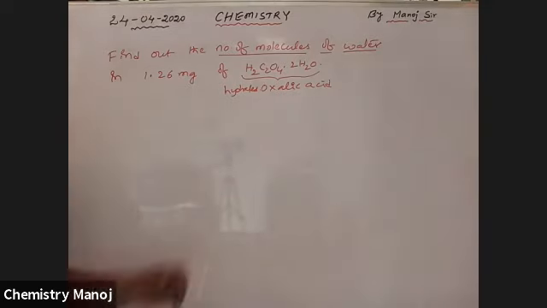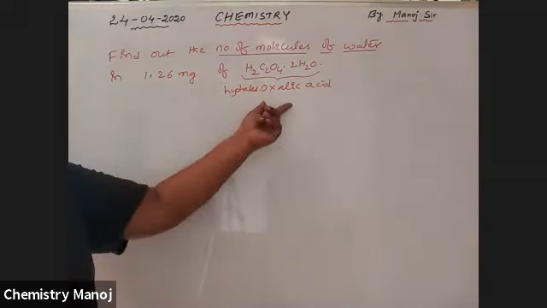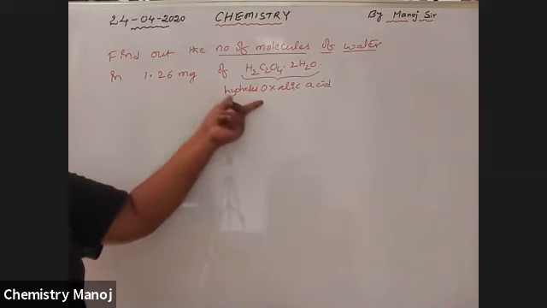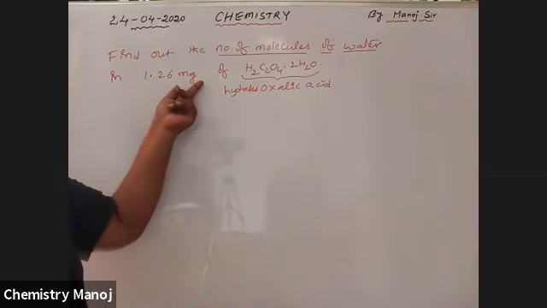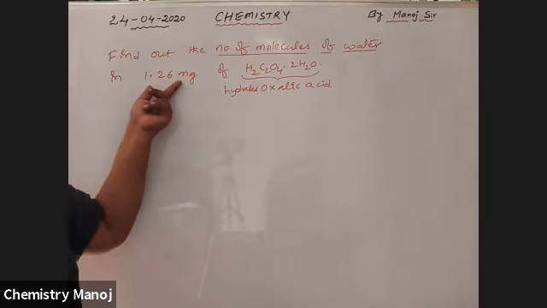First, find out how many moles of oxalic acid there are. The amount is given in milligrams, so convert it into grams. First calculate the number of moles.